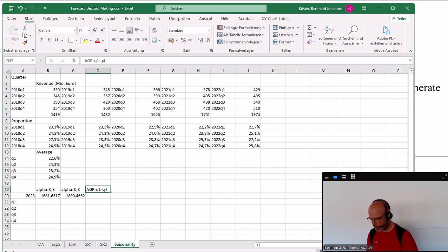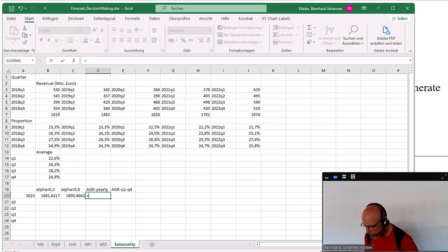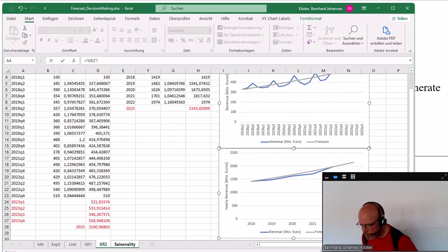Or maybe we can compare this. This is maybe nicer. We may only take the yearly forecast, because then it's just the other way around. And this was this one.